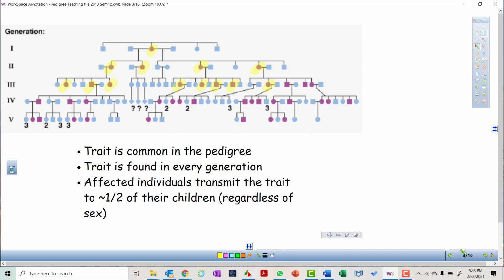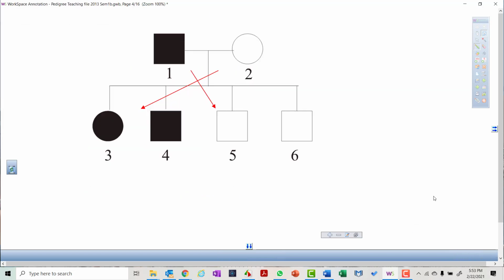So now that you've seen what it looks like, let's give it a practice. Taking a look at this, I'm going to tell you it's a dominant pedigree. Based on this information, I would ask that you are able to tell me the genotypes of everybody. So let's continue with the hair motif here, and I'll use big B to represent black hair, and small b to represent blonde hair.